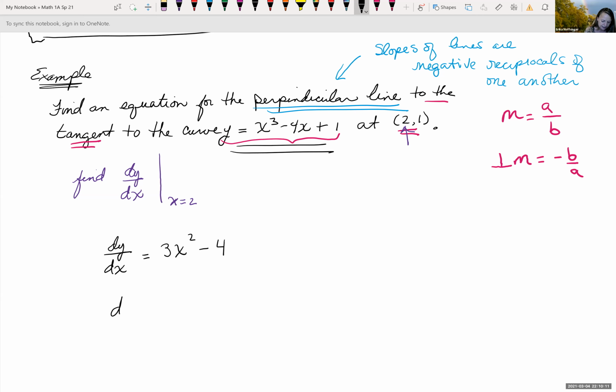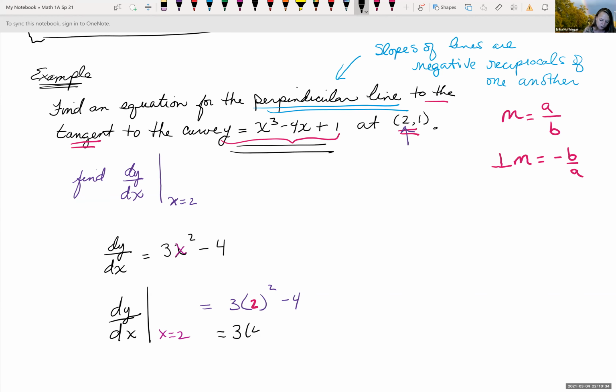So now let's look at dy/dx when x is 2. Plug 2 into the derivative, and that will give me my slope. So this is equal to 3 times 2 squared minus 4. Order of operations: square my 2, get 4.